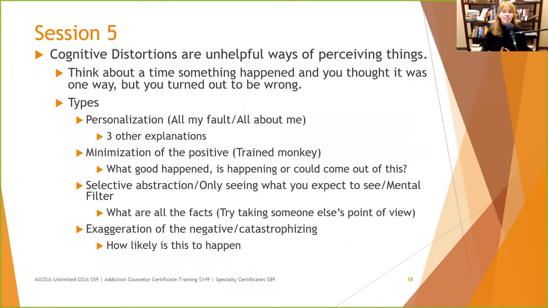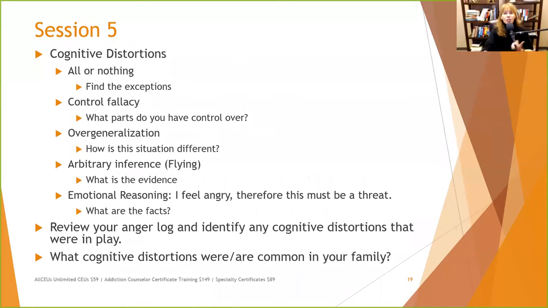Exaggerating the negative, or catastrophizing. You did this, so now I'm going to lose my job, or the world's going to come to an end, or whatever the case may be. Encourage them, how likely is this to happen? All or nothing: if they're talking in all or nothing terms, she never does this. All right, let's find the exceptions.